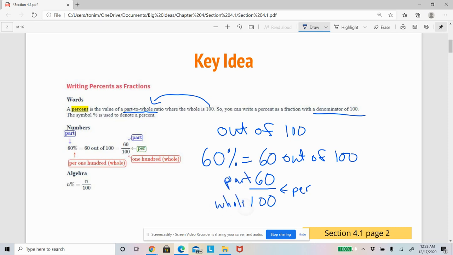And remember they said your denominator is out of 100, and there's your denominator of 100. The one thing that they didn't show you here that they are going to ask you to do is to simplify. That is something that we're going to be working on in our examples. So just know that they're just trying to show you what 60% looks like as a fraction.